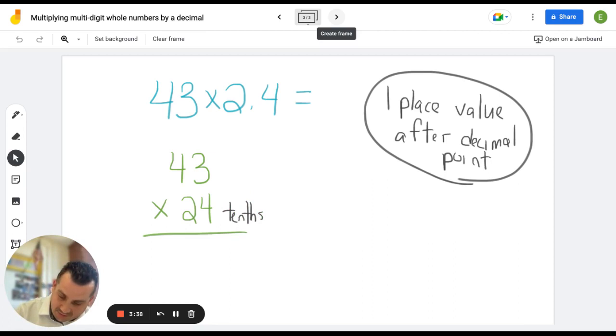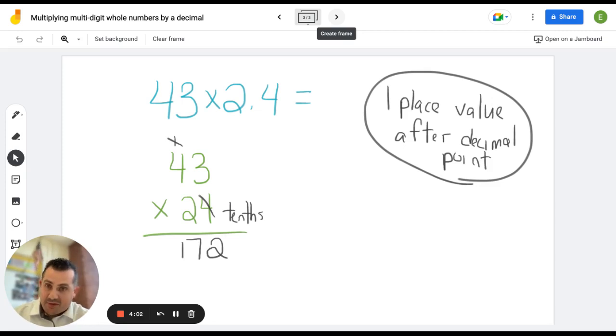How do I know it's tenths? Because one digit after the decimal point is our tenths place, 1 power of 10. So 4 times 3 is 12. 4 times 4 is 16, and I add that 1, is 17. I'm done with that 4 and the one that I regrouped.